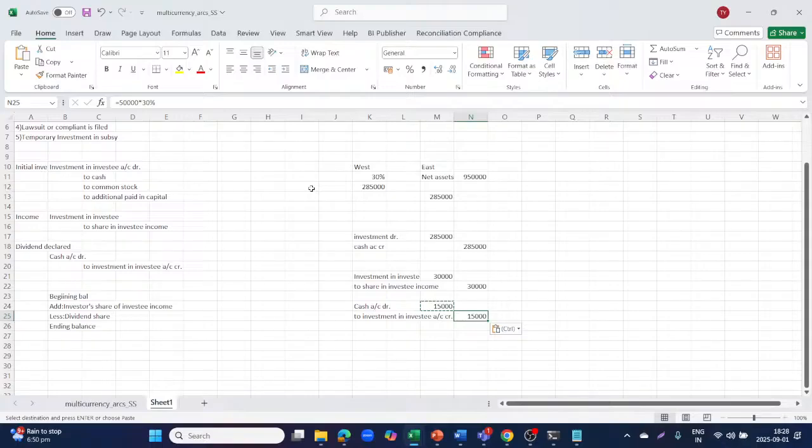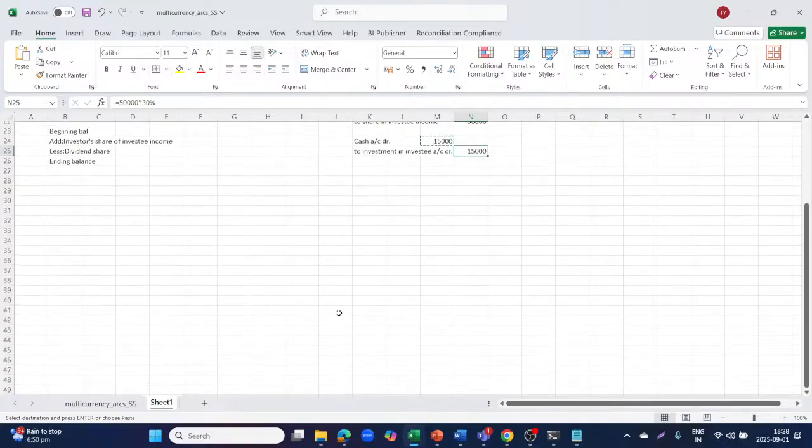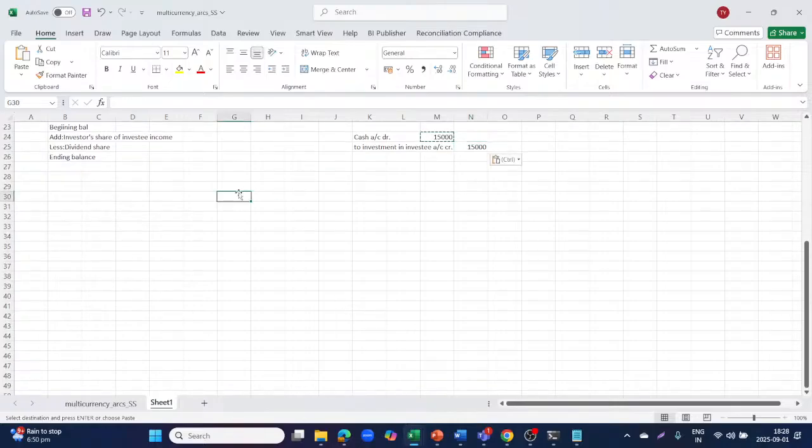Now, if we talk about presentation and disclosure, as I said, they are measured at amortized cost. So if you talk about balance sheet presentation, they will be presented at the amortized cost.